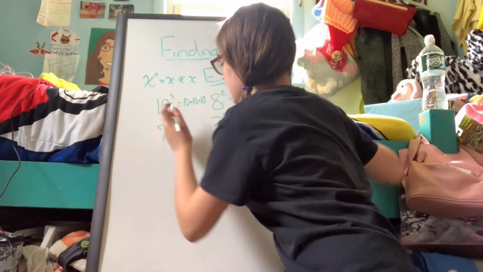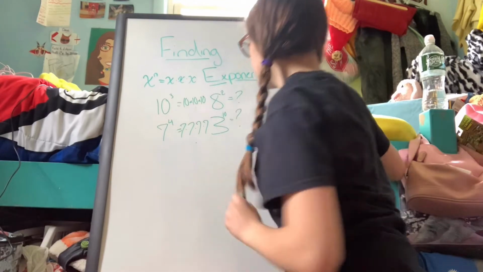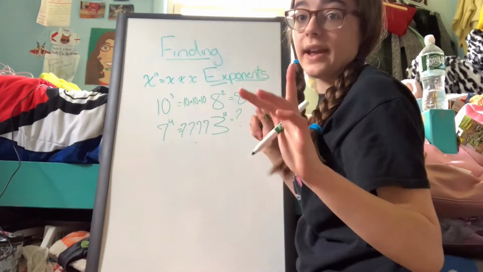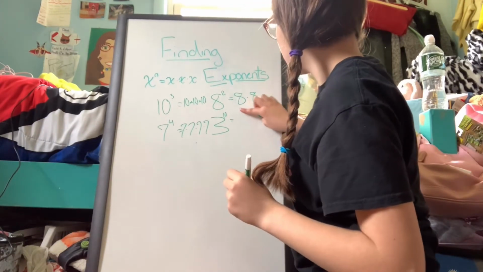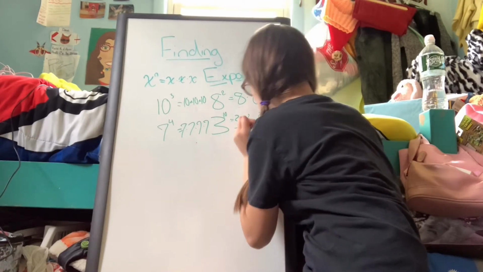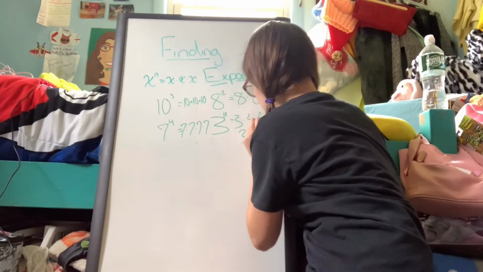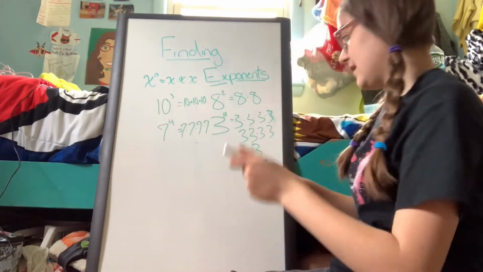To find 7 to the fourth, we would multiply 7 4 times. 8 to the second, or 8 squared, would be 8 times 8. And 3 to the 10th would be 3 times 3 times 3 times 3 times 3 times 3 times 3 times 3 times 3 times 3.